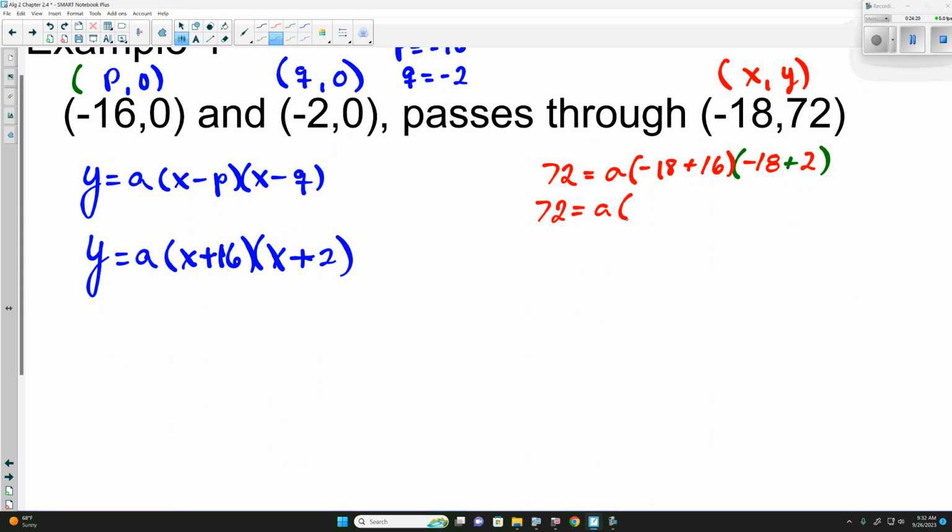Our negative 18 plus 16 is negative 2. Negative 18 plus 2 is negative 16. That's kind of funny. Now we do need to multiply these three together. So our negative 2 times negative 16 would be positive 32.